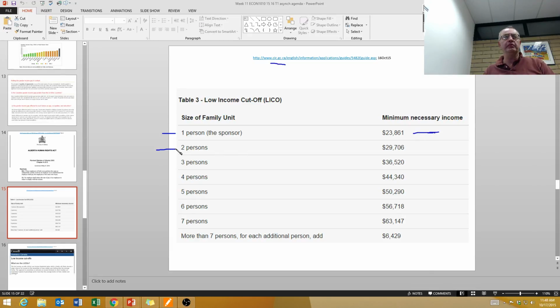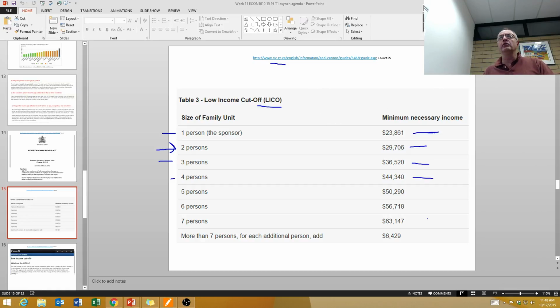If we have two people in our household, then if we have less than $29,706, then we're officially poor. We live in straitened circumstances. Three people, less than $36.5 thousand, four people less than $44.3 thousand, and so on. So it's a family size adjusted LICO level, low income cutoff level.